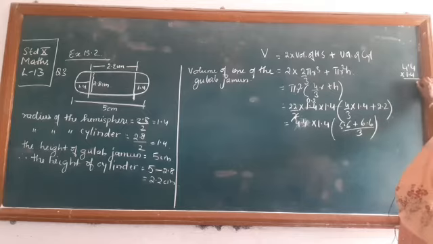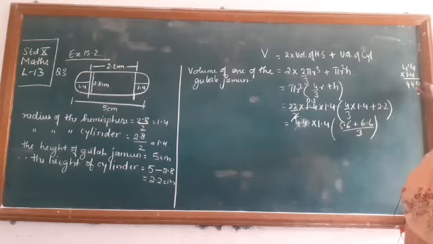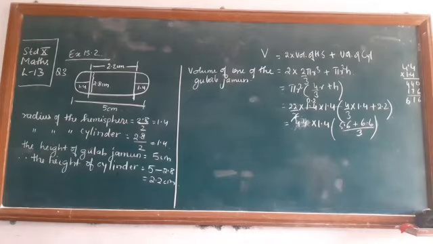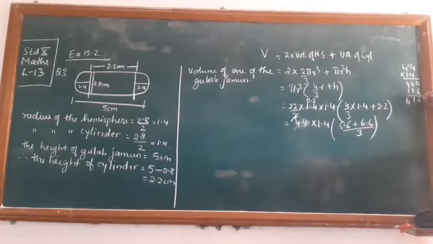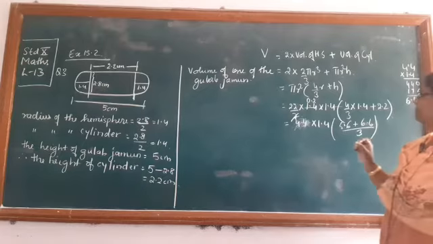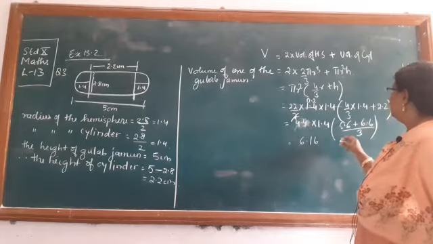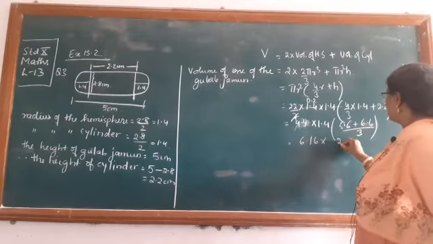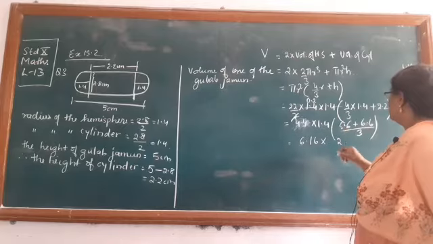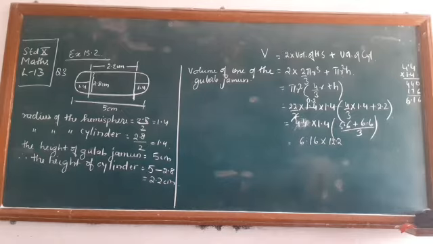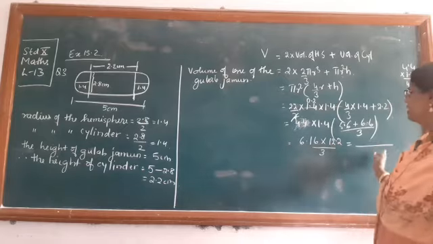It will be 4 4s are 16, 17, 6, 1, 6, so it will be 6.16. That is equal to 6.16 into, this will be 12 and 0.2, 12.2 divided by 3. So you will get some value.